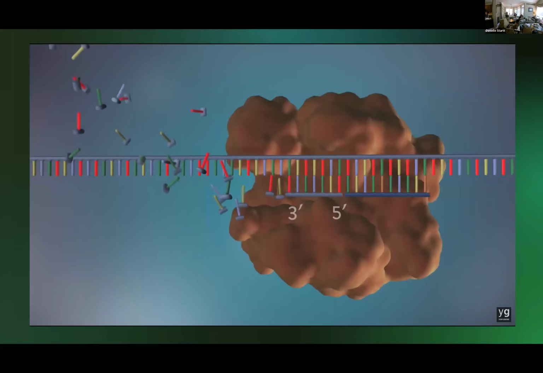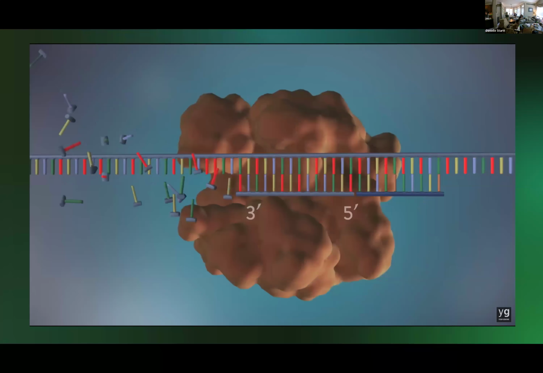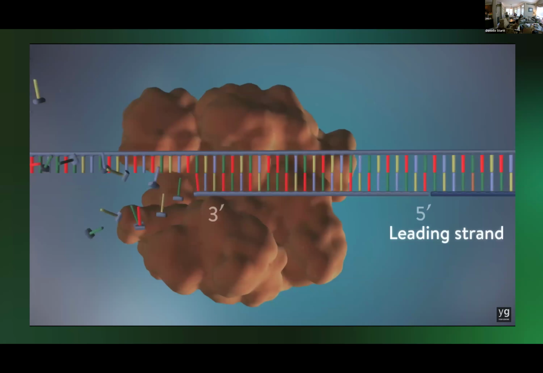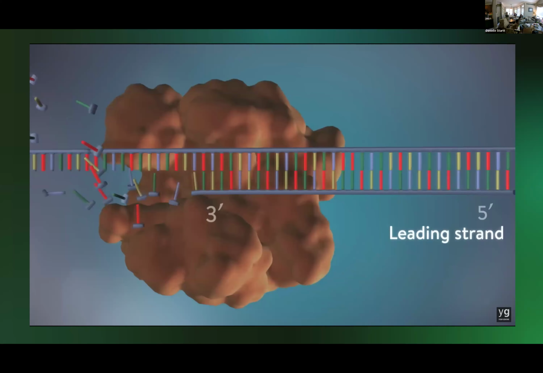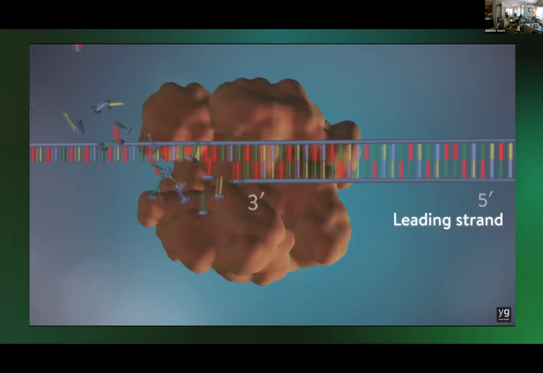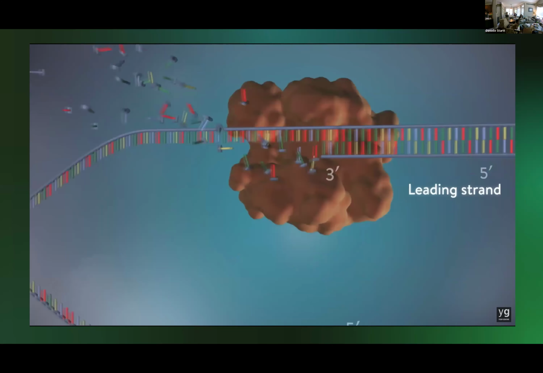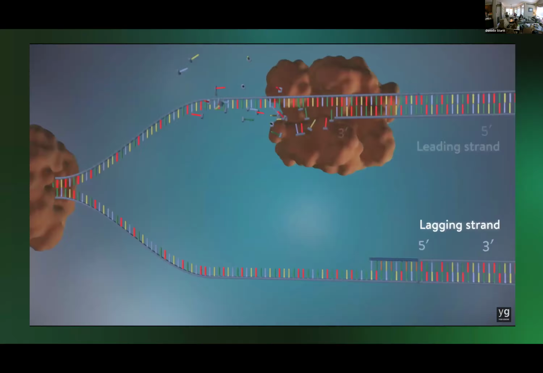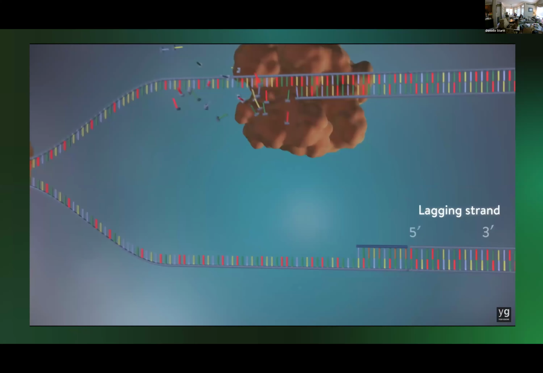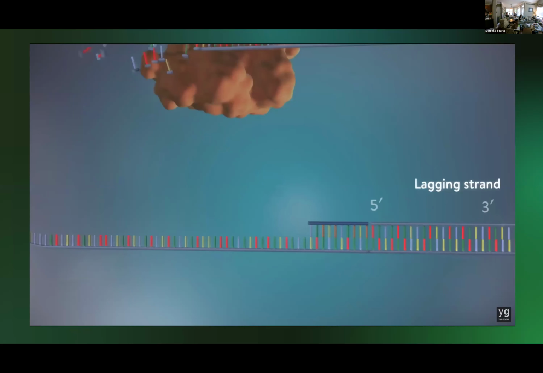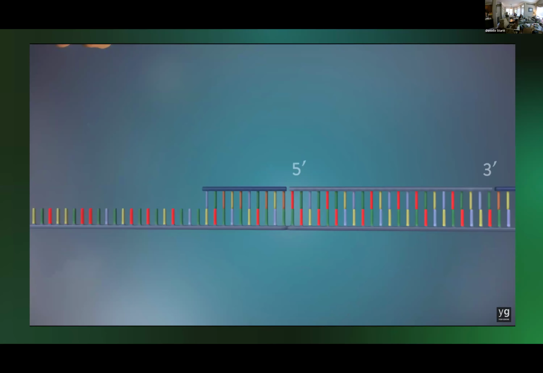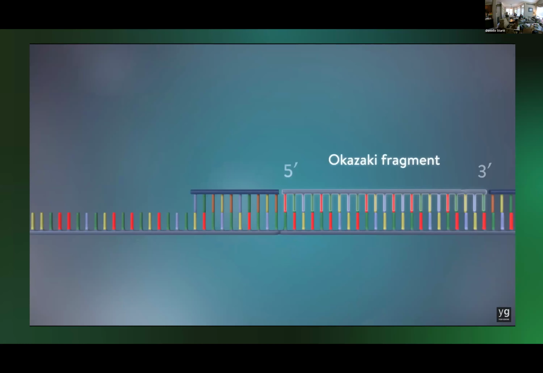One of the new strands of DNA, the leading strand, is made continuously. The DNA polymerase adding bases 1 by 1 in the 5' to 3' direction. The other strand, the lagging strand, cannot be made in this continuous way because it runs in the opposite direction. The DNA polymerase can therefore only make this strand in a series of small chunks called Okazaki fragments.